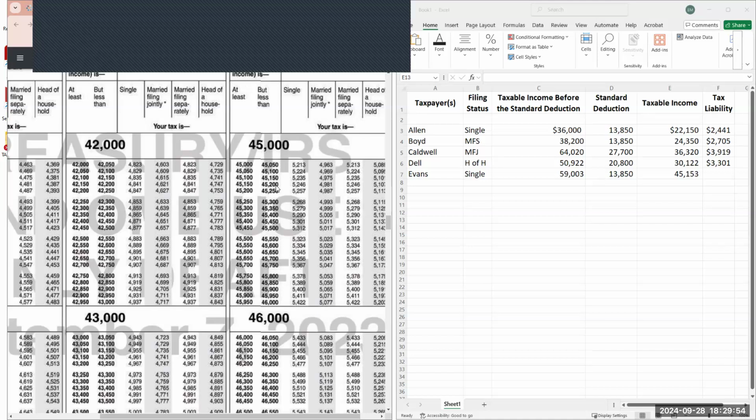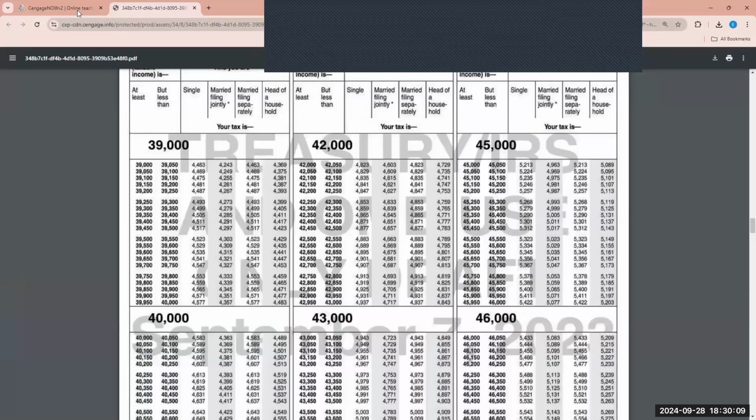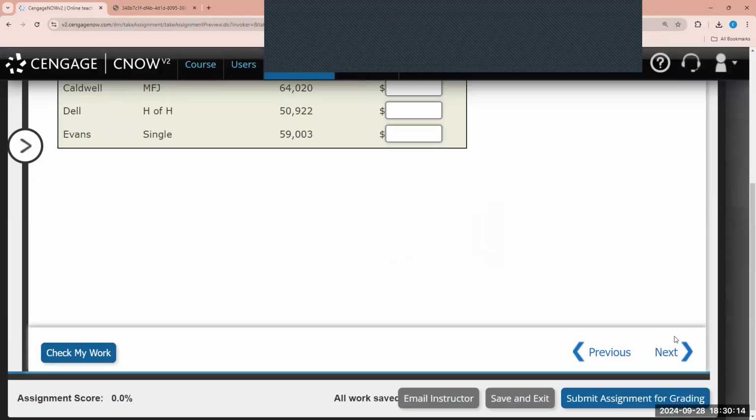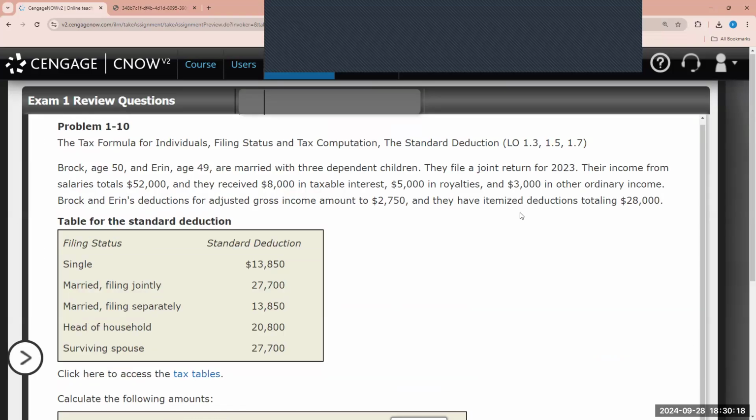So therefore, the tax liability for Evan as a single individual is $5,246. All right, so again, the tax software will calculate all of this, but you want to be able to understand it, because if the client comes to you with questions, you want to be able to explain to them why their tax liability is such, why their refund is what it is, or why their balance due is what it is.